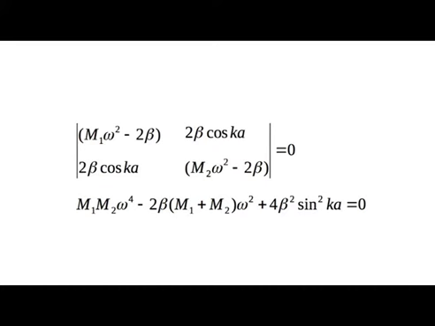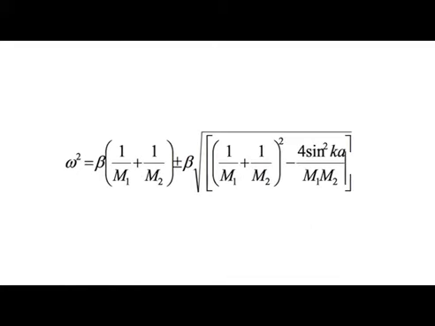You will get the expression, as you can see in the image, omega squared is equal to beta into 1 by M1 plus 1 by M2 plus or minus beta into root of 1 by M1 plus 1 by M2 the whole square minus 4 sin squared k a by M1 M2.